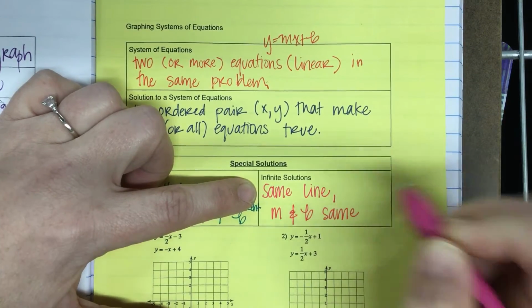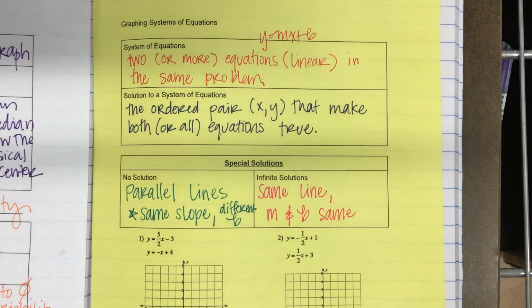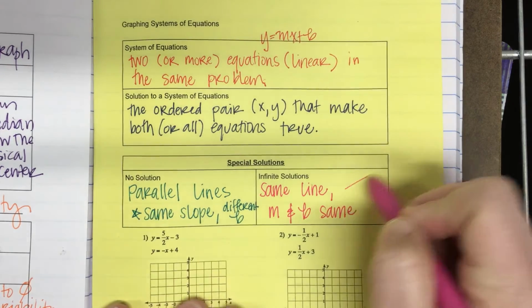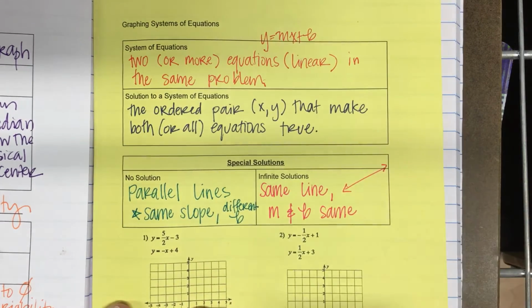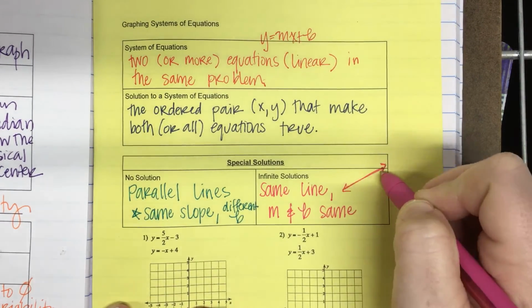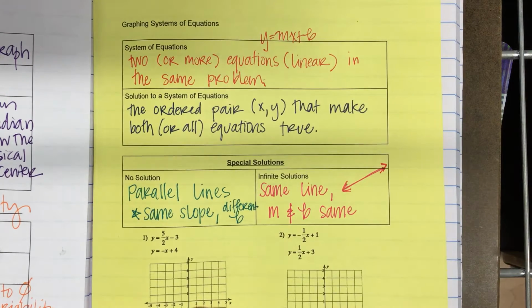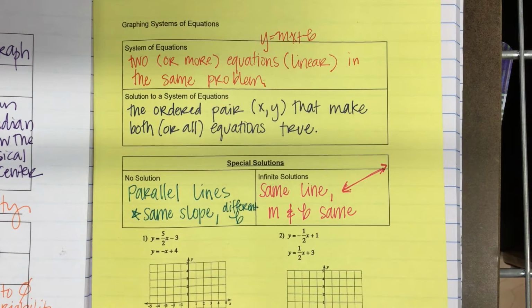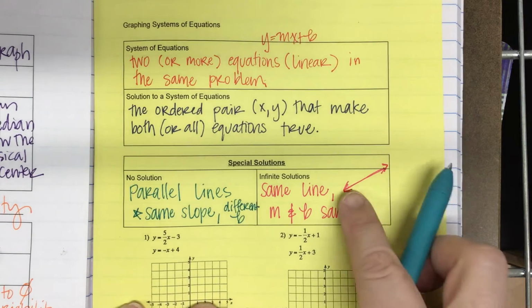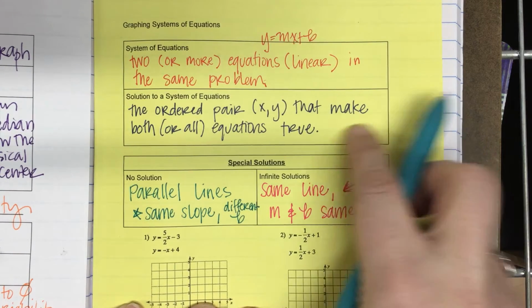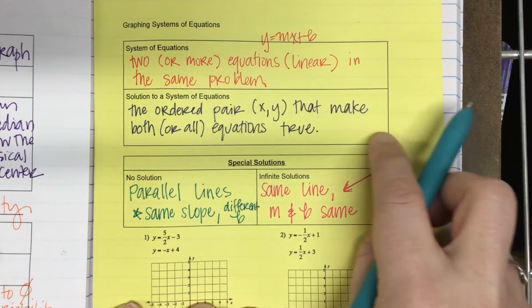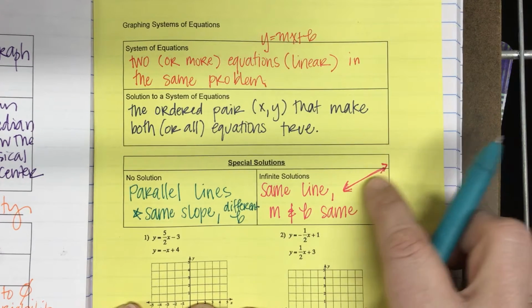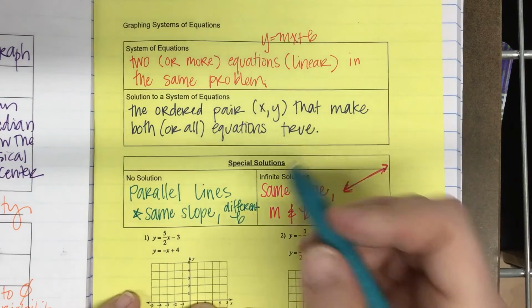It's the exact same line. When you graph it, you're going to have one line on top of the other. So you're going to put one line down, and then when you plot the next one, it's going to go right on top of it. And that's going to have infinite solutions because they're literally on top of each other. So they are going to intersect everywhere. Not every ordered pair. It's not all of the ordered pairs. It's going to be any ordered pair that's on both of those lines.